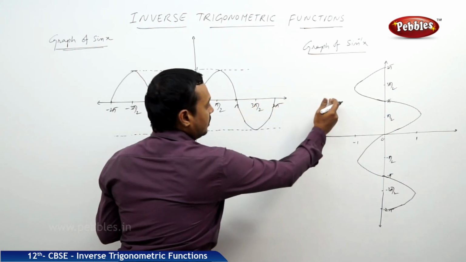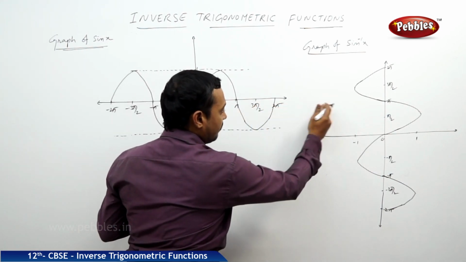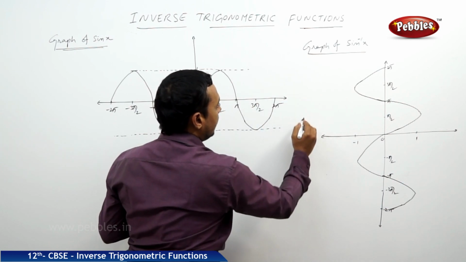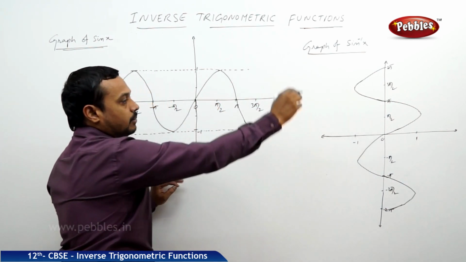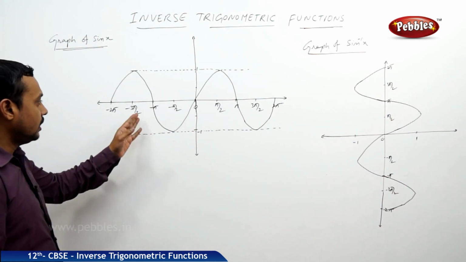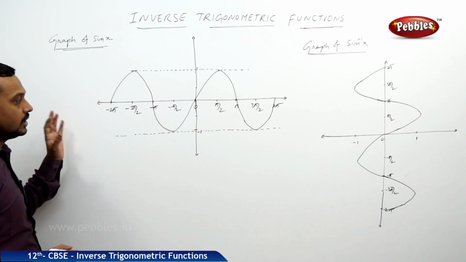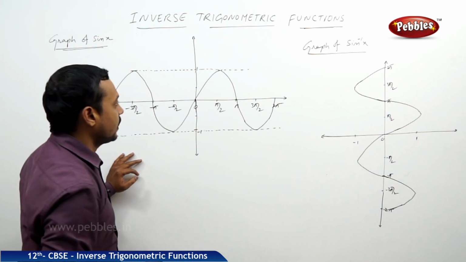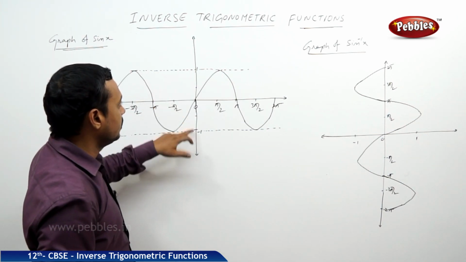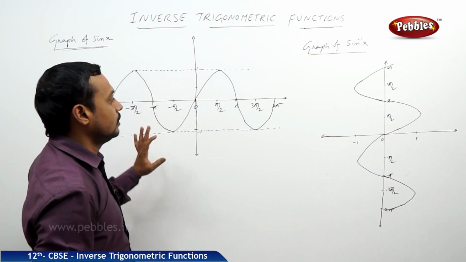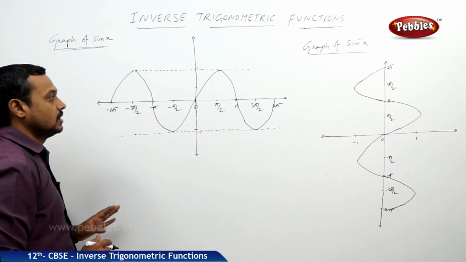Further extending the interval, you again get the graph like this, lying between minus 1 to 1. And on the left side also you get the same graph in those intervals. So finally the graph is bounded between the two values minus 1 and 1. So this is the graph of sin x.